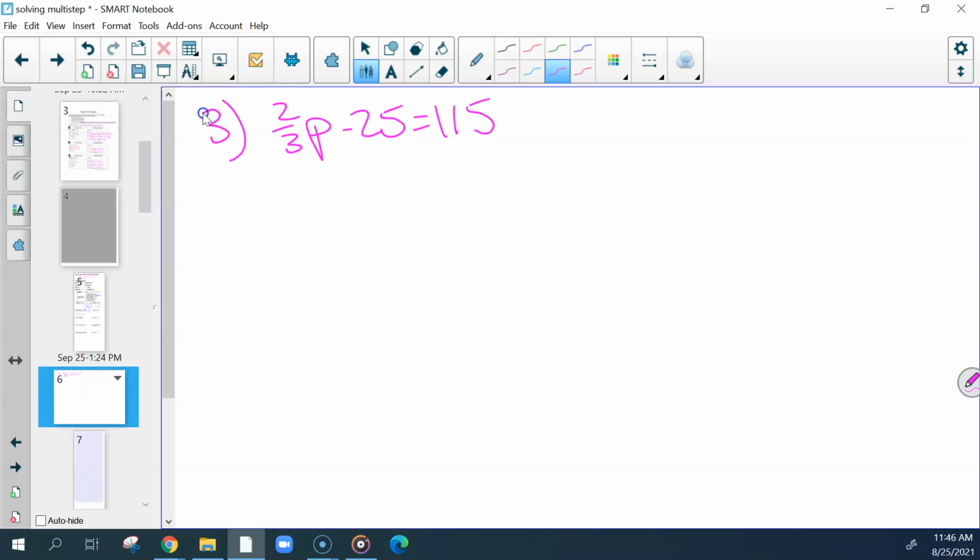So just like example 2, we could multiply both sides by something that would make us get rid of this fraction. And we're going to use the reciprocal of this. So multiply both sides by 3/2.